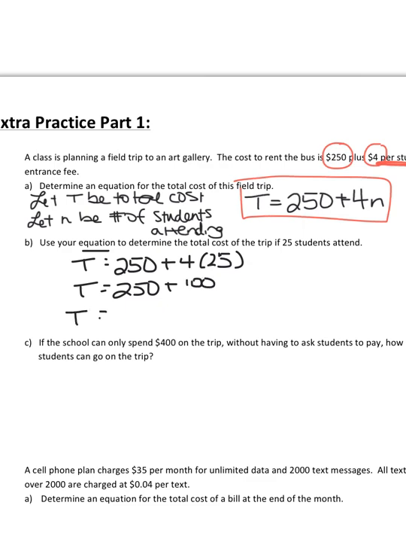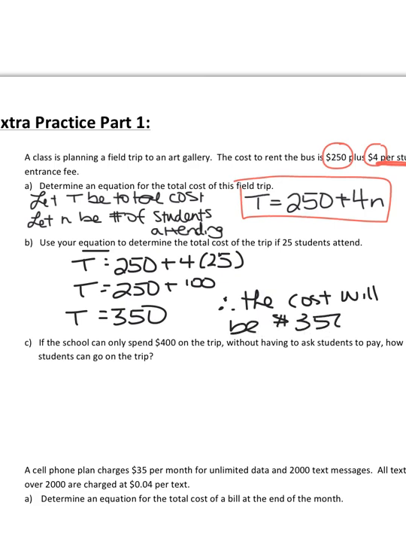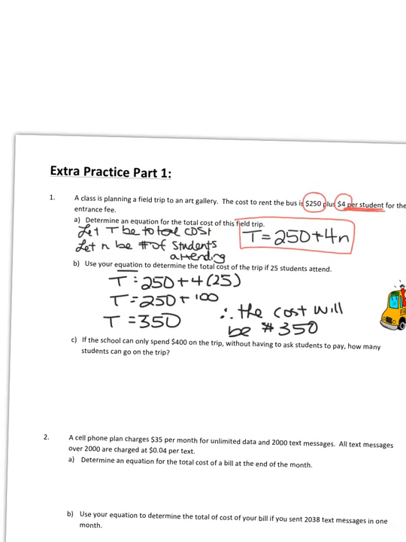So this is going to cost $350. We'll say therefore, three little dots, remember, therefore, the cost will be $350. Some people did that question all right in their work.